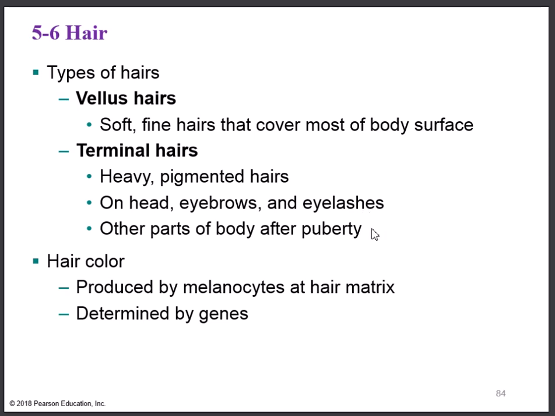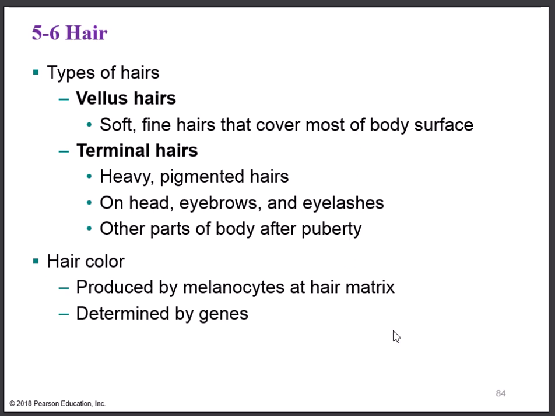If you just want to put here pubic hair, axillary hair, which is the armpit, those are more heavy, thicker, pigmented hair that we call terminal hair. Most of the hair, like on your cheek area, your arms, your neck, your back, is usually a finer vellus hair.